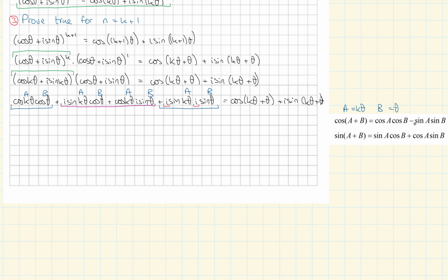And we're also thinking about our two identities here. So we get cos k theta, cos theta, and then plus i squared sine k theta, sine theta, plus i sine k theta, cos theta, plus cos k theta, i sine theta.